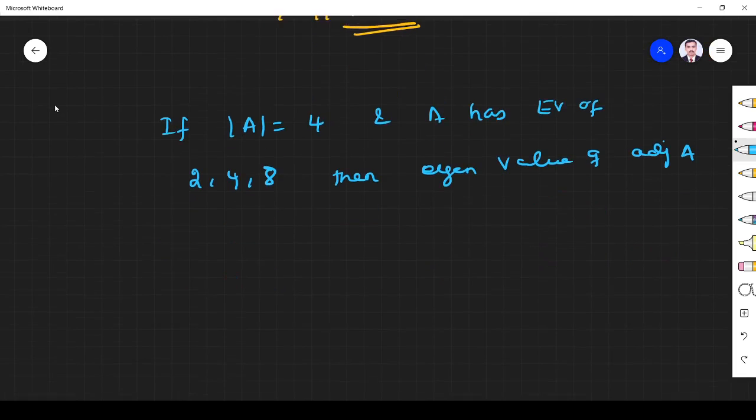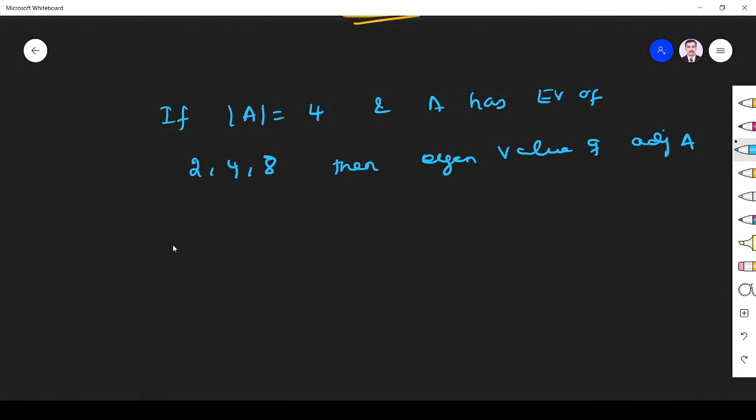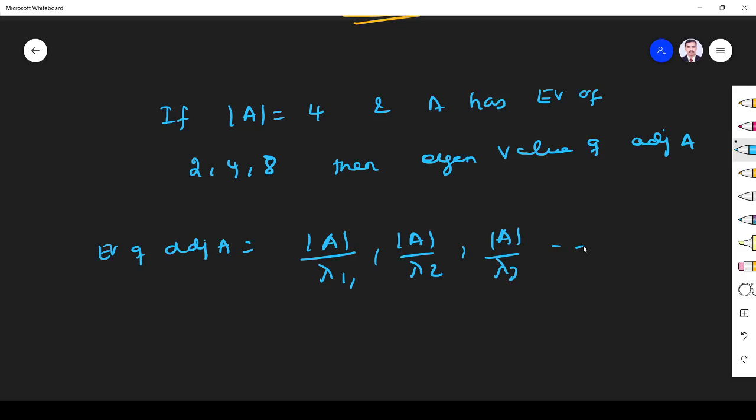So this is the question they ask. We must remember one property of eigenvalues. Eigenvalues of adjoint A are determinant A by first eigenvalue, determinant A by second eigenvalue, determinant A by third eigenvalue, like that it will go.